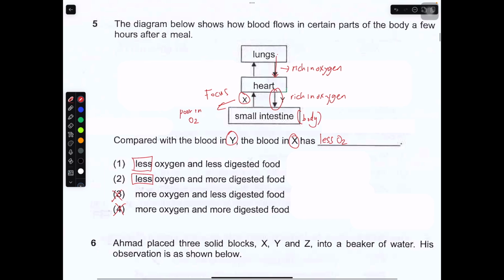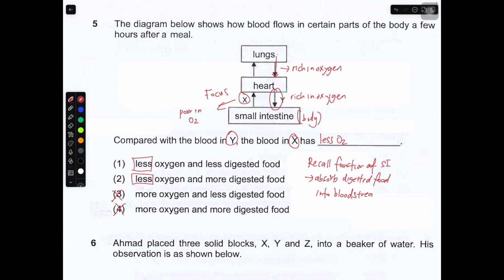Now we are determining whether it has more or less digested food. So now you have to recall the function of the small intestine, which is to absorb digested food into the bloodstream.